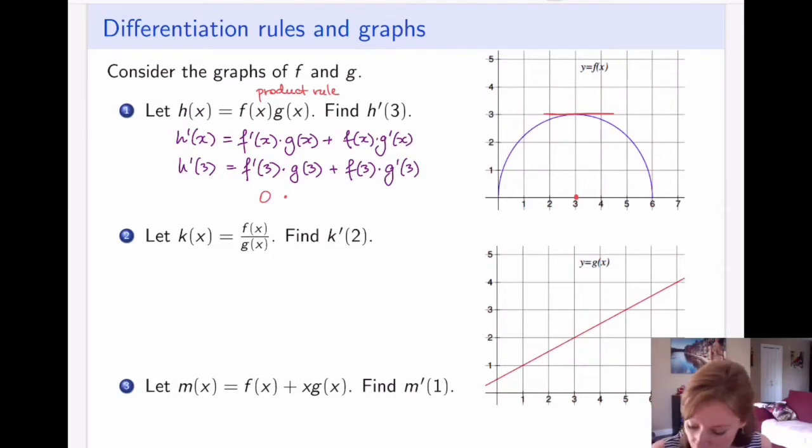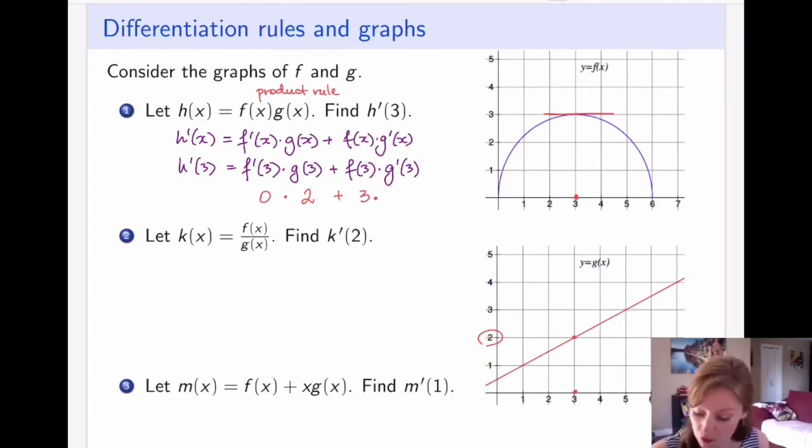So g of 3 here, if I were to look it up here, this is my 3. G of 3 is actually 2. So this would be times 2 plus f of 3, which from the graph of f, this is just the value of the function at 3, which is 3, times the derivative of g at 3. So once again, the derivative from the graph means the slope of the tangent line at 3.